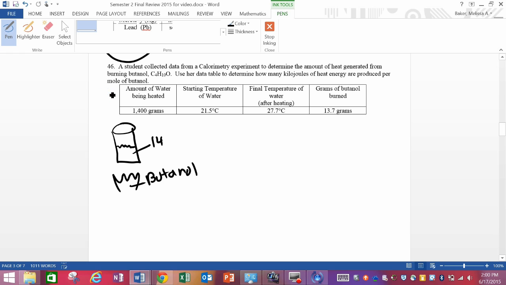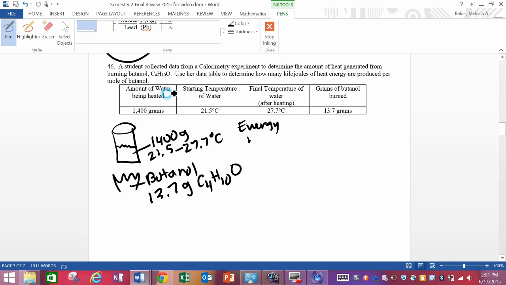It's 1,400 grams of water, and it's going up from 21.5 to 27.7 degrees Celsius, while 13.7 grams of C4H10O burned.